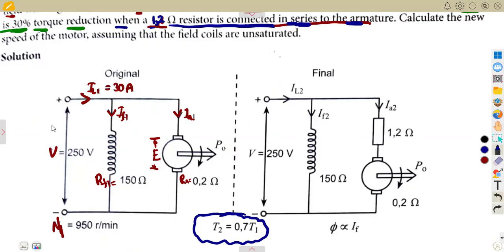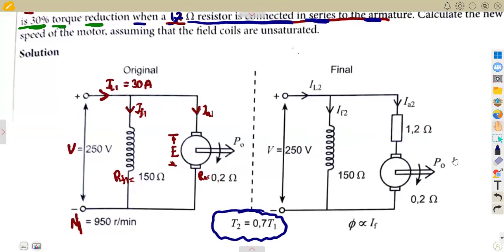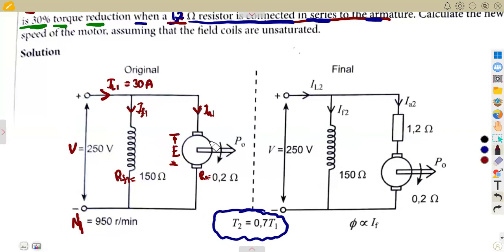You work with that. That's the new condition. So the new condition is that we connected a resistor in series to the armature. So when we connected this, it is going to affect a lot of things. I talked about this from the supply current. It is going to be affected.